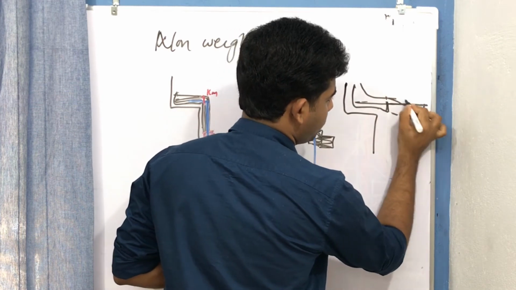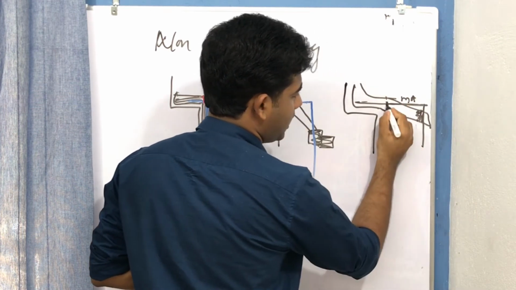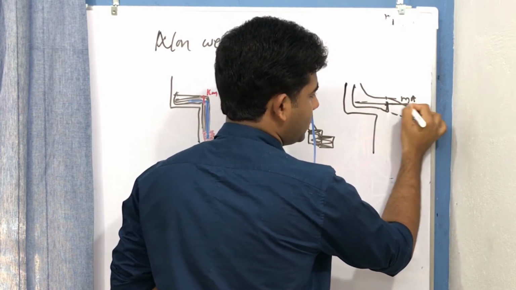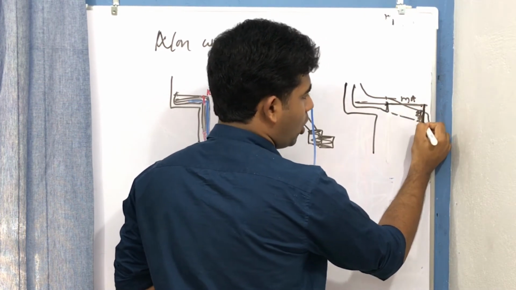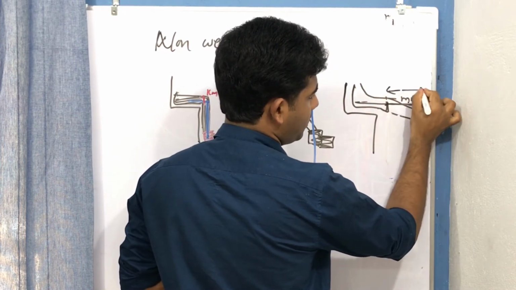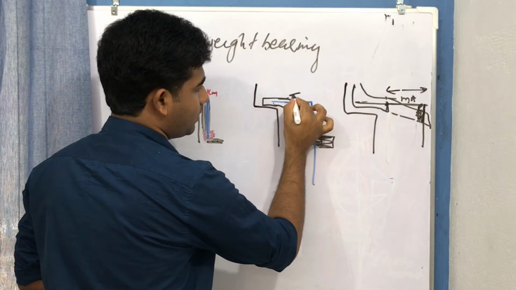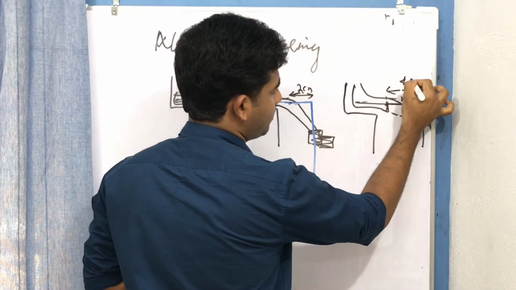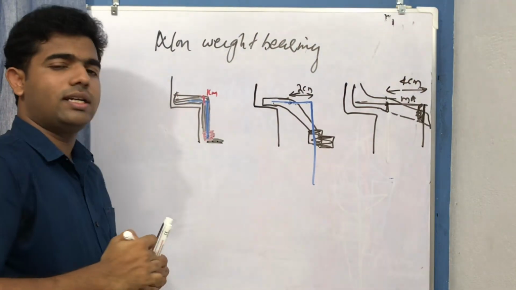You can see that the moment increases, because this is the joint axis and this is the weight. The distance from the joint axis to the load is the moment. Here you see that the moment is increasing, for example from 2 centimeters to 4 centimeters. What does this say?